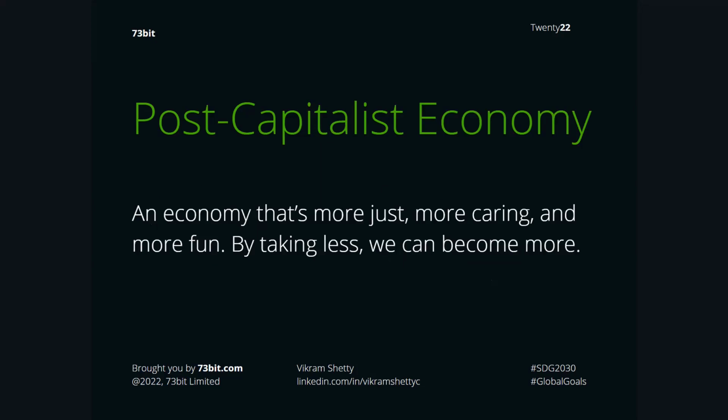There's a concept of a post-capitalistic economy, and how the well-being of a human being is not tied only to an economy, and how it can be good for both human society and environment. You can read the book to learn more about it, and that's about all on the book.